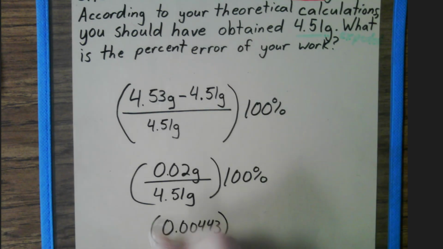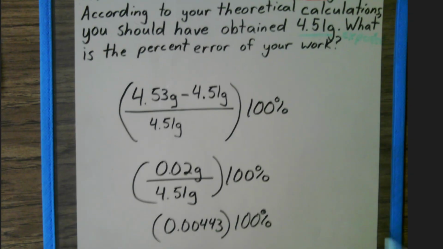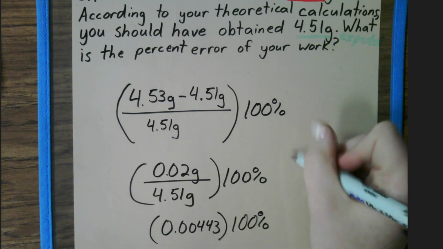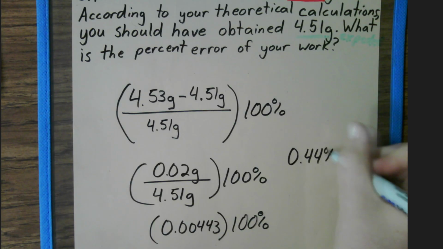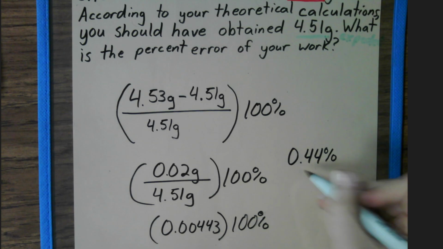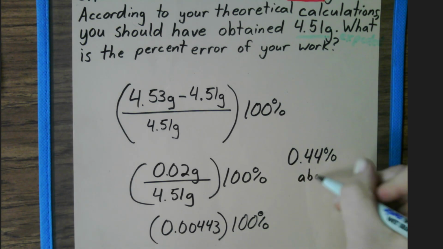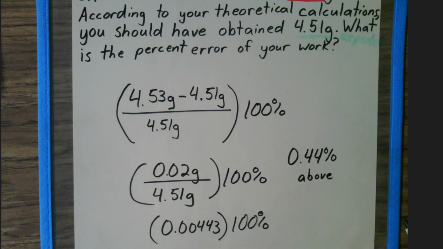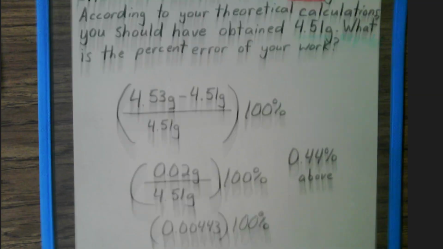You multiply that times 100%, and our answer is going to be 0.44%. So our percentage of error is 0.44% above the expected number. Let's try another problem.